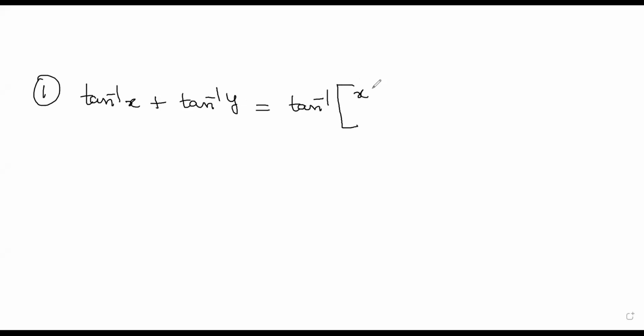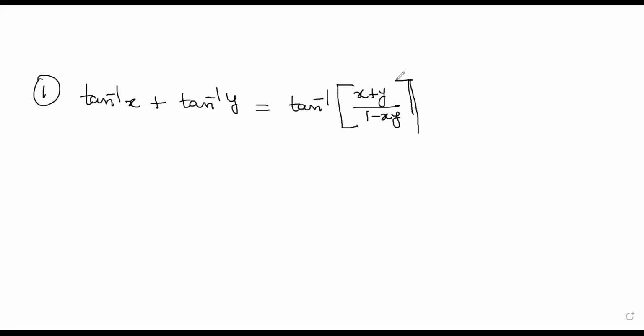So the first result is tan inverse x plus tan inverse y is equal to tan inverse of (x plus y) by (1 minus xy).